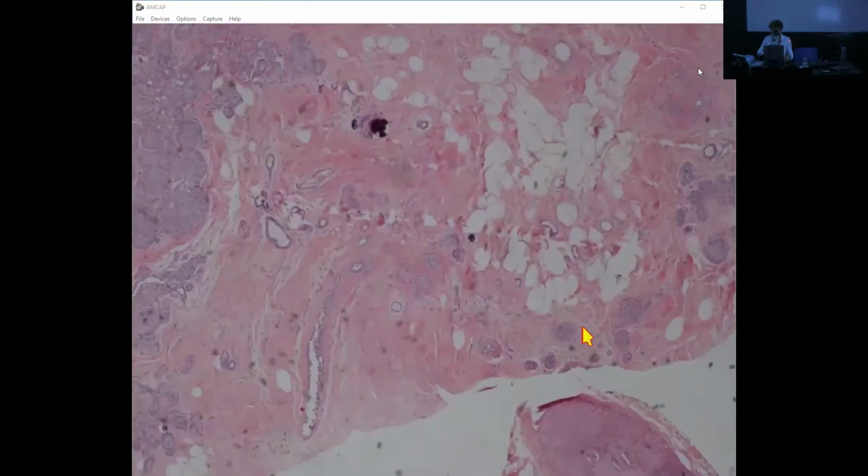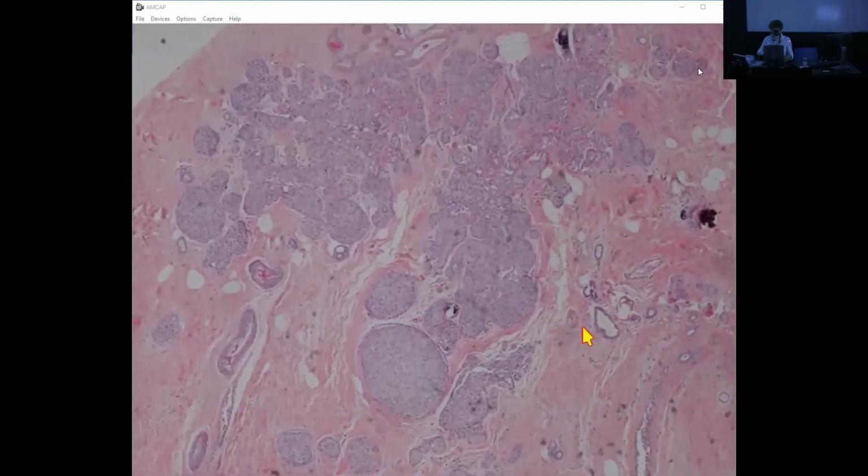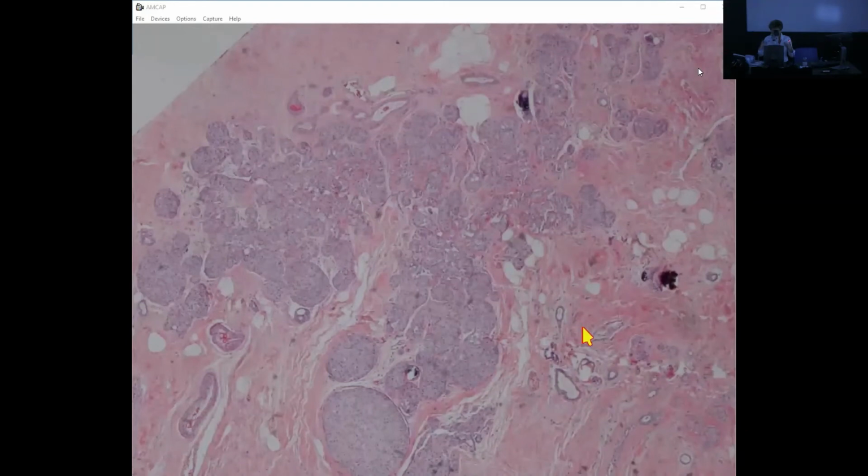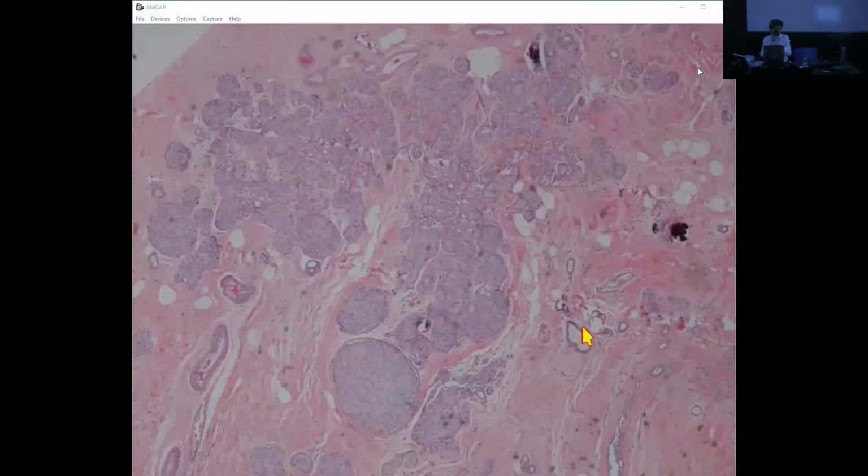How much florid LCIS, areas with florid, with massive acinar expansion, should we have to call it florid and prompt excision? And there is no information about that, right?